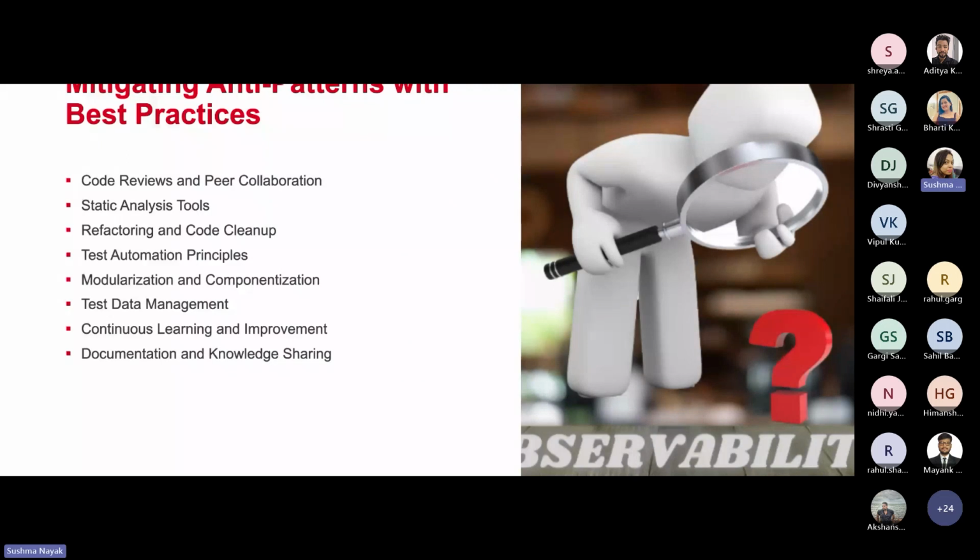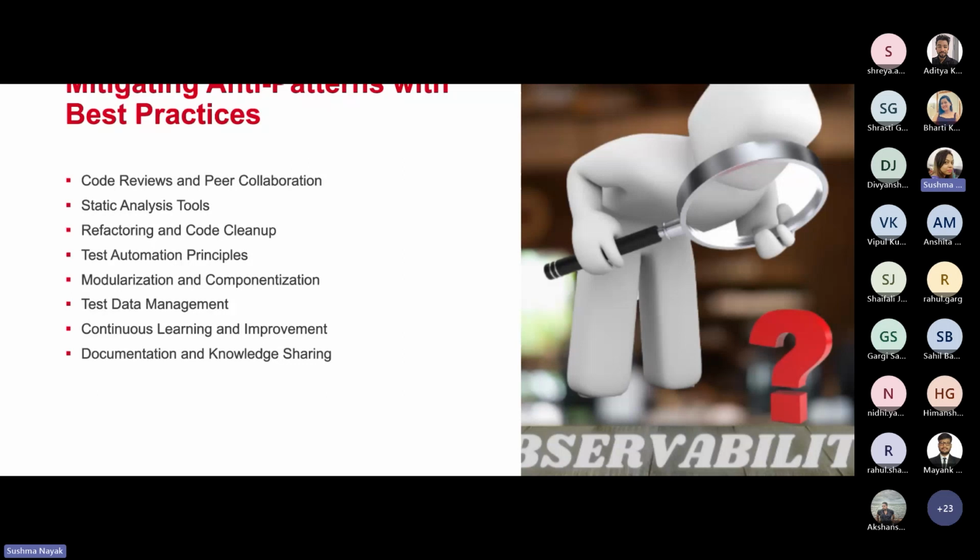Yes, regular code review should be there. It's not like you are writing code and then directly merging it if there is no reviewer with you, but you can do peer collaboration to get more and more insight about the situation. The second is static analysis tools.